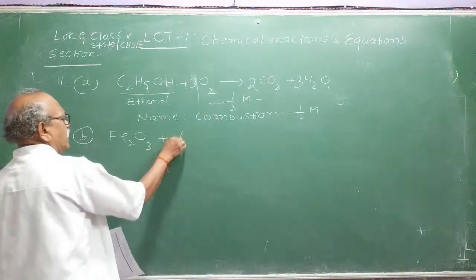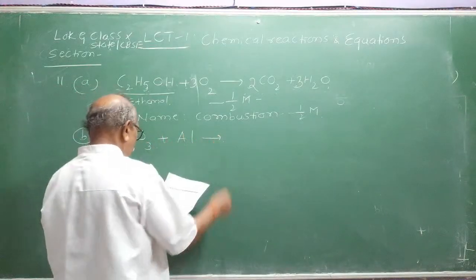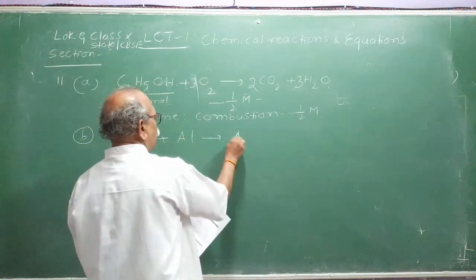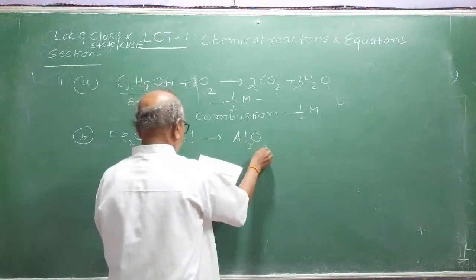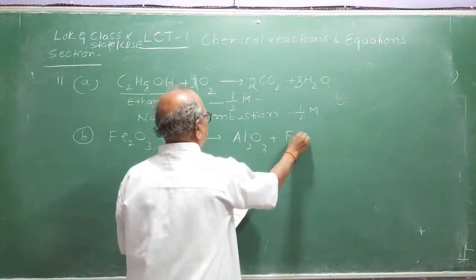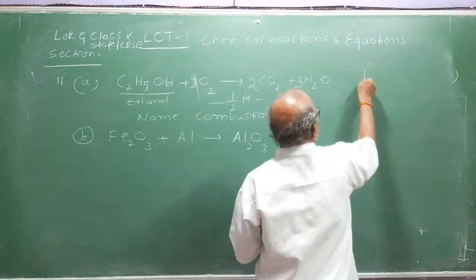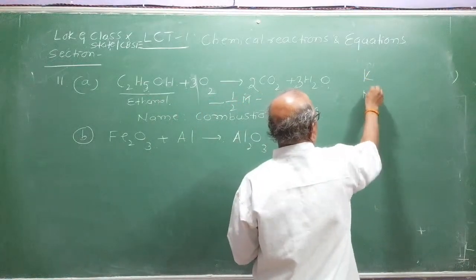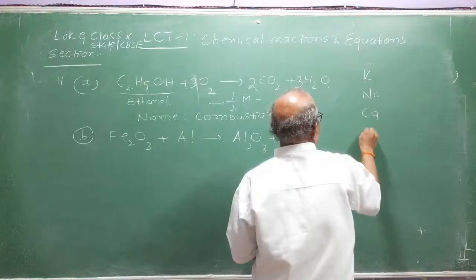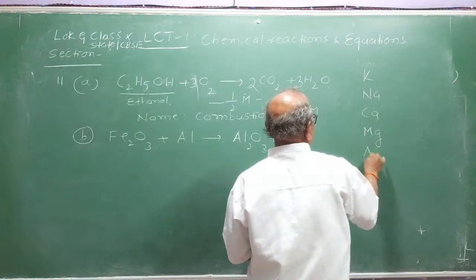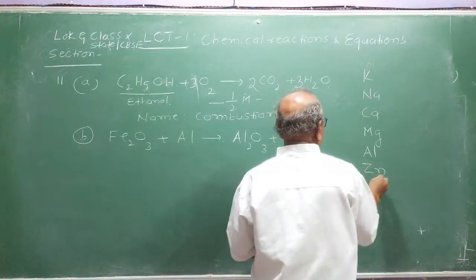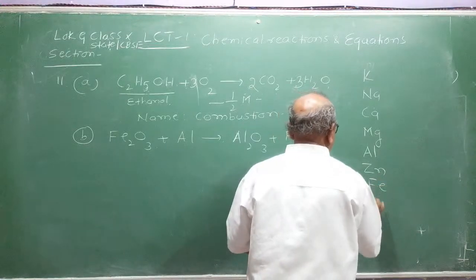Fe2O3 plus Al gives Al2O3 plus Fe. Observe. Please understand carefully.